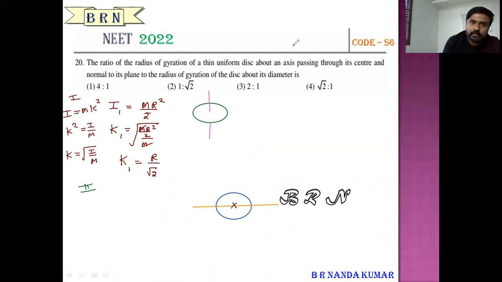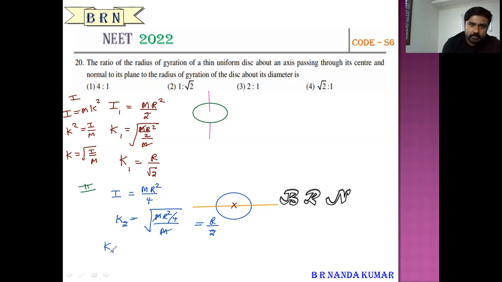So ಇಲ್ಲಿ nodi, moment of inertia I is equal to m r square divided by 4. So the radius of gyration k2 is equal to square root of m r square by 4 divided by mass m, m cancel ಆಗತ್ತೆ, and this is r by 2.